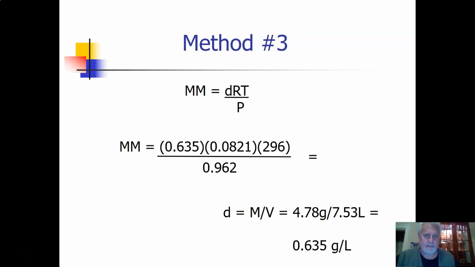Pressure, same. And unbelievably, even though you used these two different numbers, you threw in this one, boom, 16.0 grams per mole. So you can see method 2 and method 3 went right to getting the molar mass.